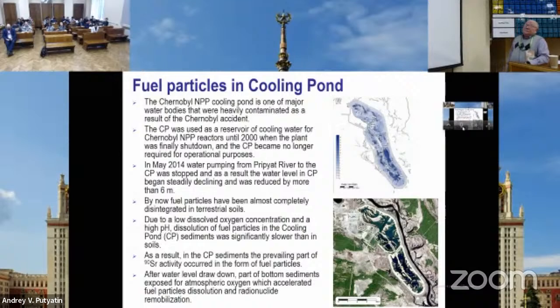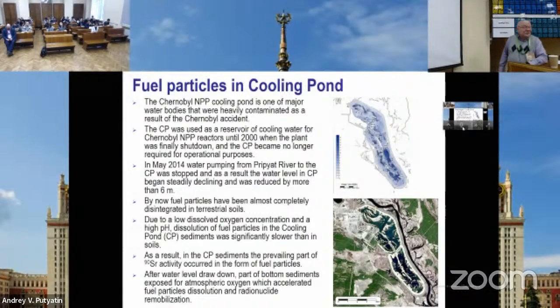However, recently, as you know, the Chernobyl nuclear power plant was completely shut down in 2001. But the Chernobyl cooling pond existed for some longer time. But in 2014, the pumping from the Pripyat River was stopped, and the level of water in the cooling pond decreased. Here you can see the result of this decrease.